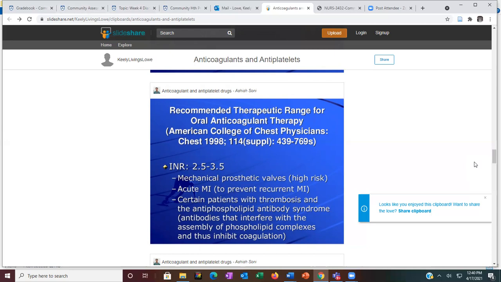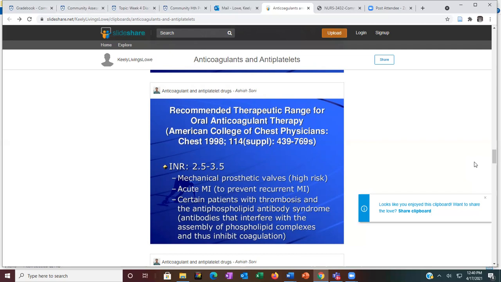And then certain patients with blood clots, thrombosis, and the antiphospholipid antibody syndrome. So the patient makes antibodies. It's an autoimmune disorder where the patient produces these antibodies that interfere with the ability of Coumadin or warfarin to do its job.